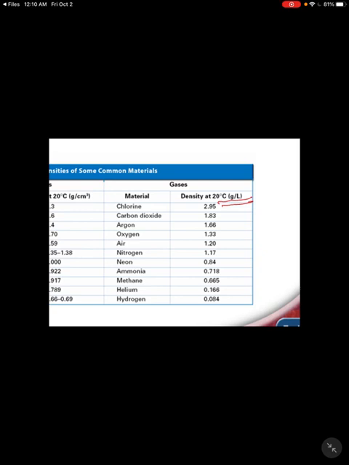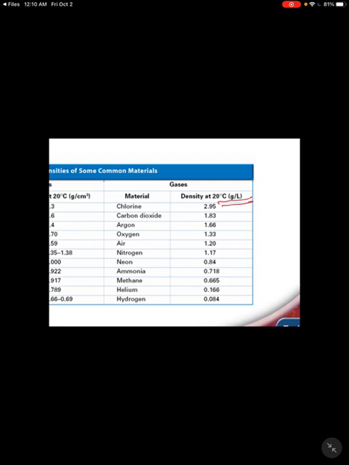Those units range, of course, from 1.2 grams per liter for air. And if you look, you'll see carbon dioxide is considerably heavier. Chlorine gas, which stays near the ground, much heavier, falls down into the trenches when it was used as a chemical warfare agent.